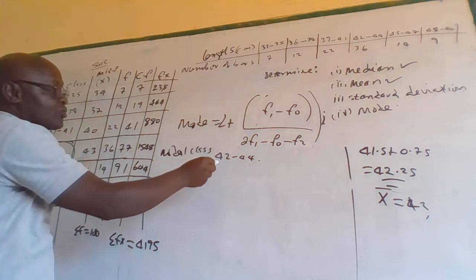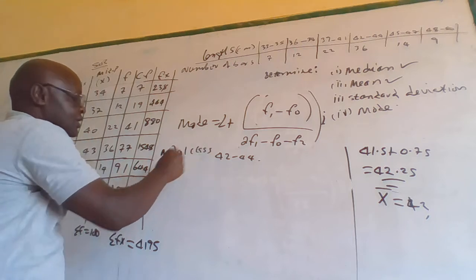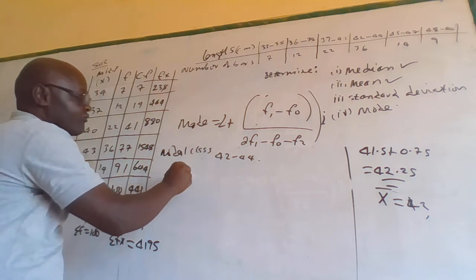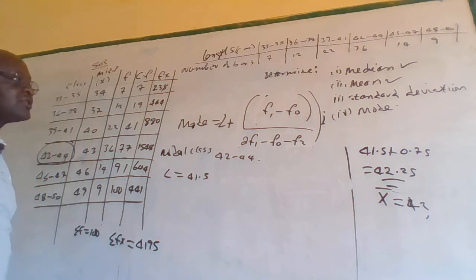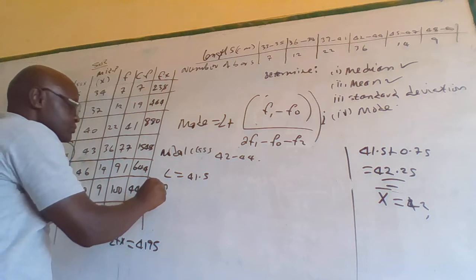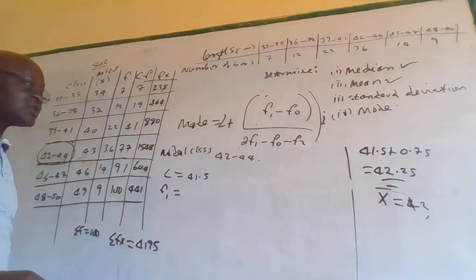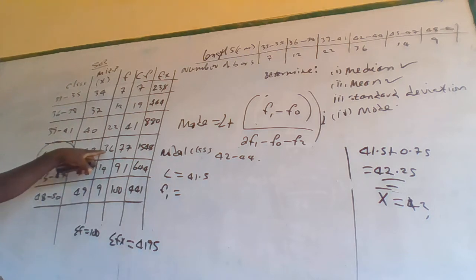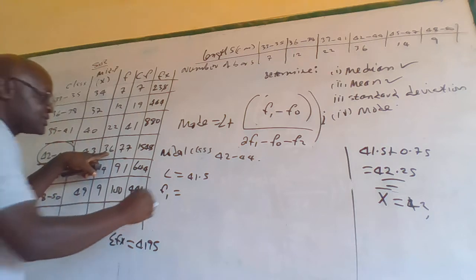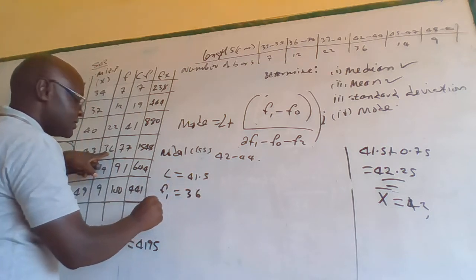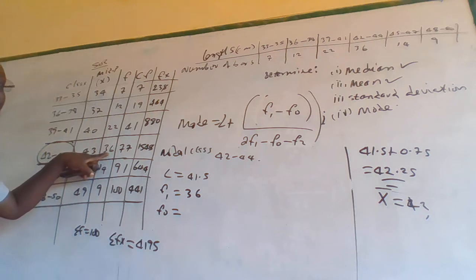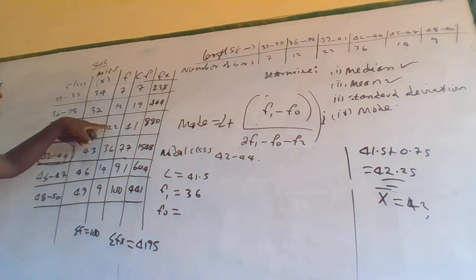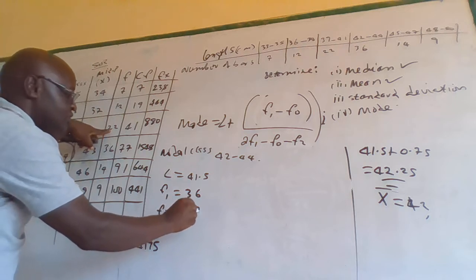So our L will be equal to now 41.5, the lower limit of the modal class. Then F1 is the frequency of the modal class. So frequency is 36. Then F0 is the frequency above the modal class, which is 22.